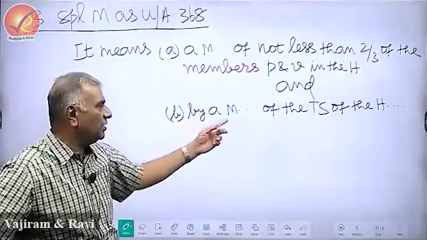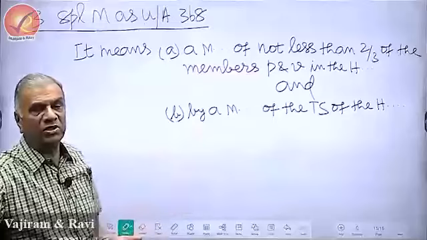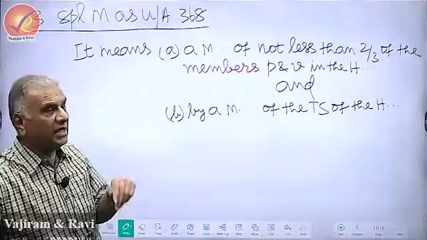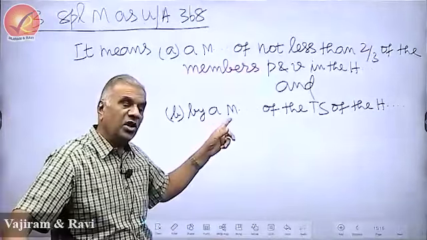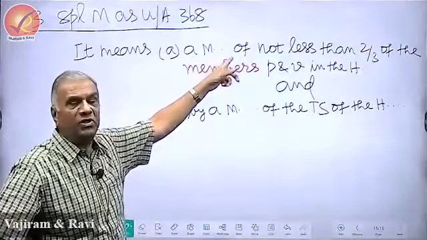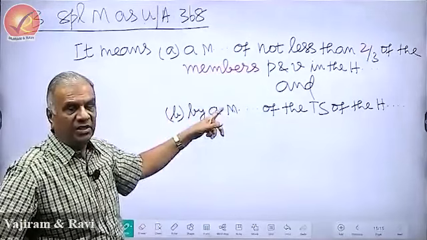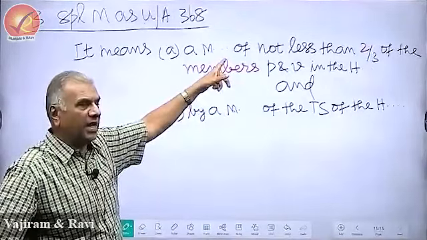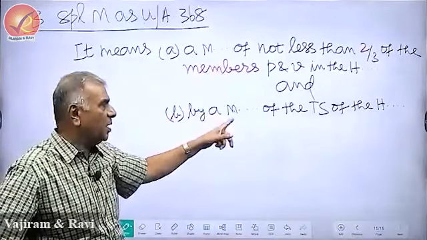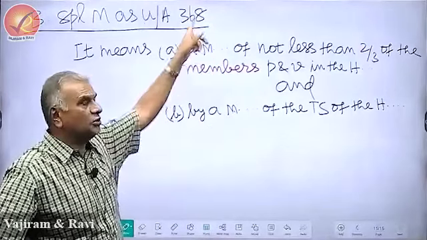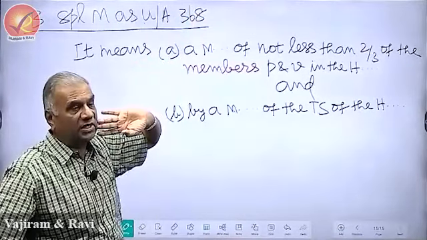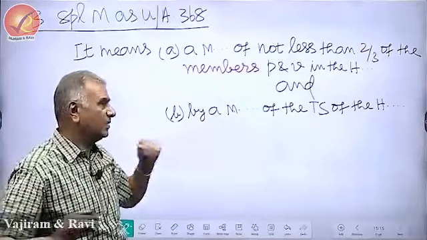By a majority of the total strength of the house is what is absolute majority. That's what I said earlier. Absolute majority is not needed anywhere by itself, but it is needed in association with one more majority. So special majority type A, or the special majority as under 249, plus absolute majority constitutes special majority as under Article 368. So this is how it works.